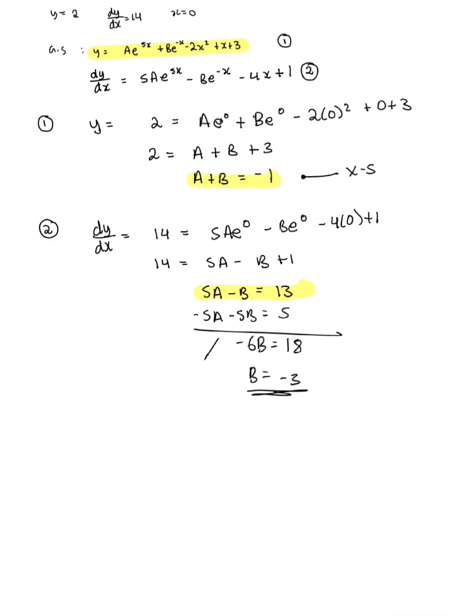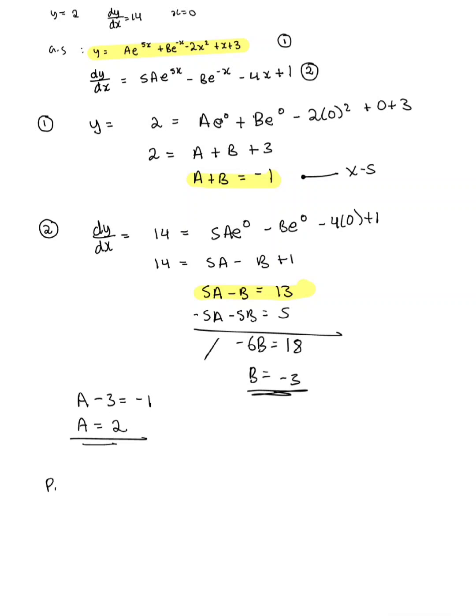Now that we have B, we can substitute B into either equation to get our A value. So A minus 3 equals minus 1. So we have A equals 2. And that's our final two values that we want to substitute back into our general solution.